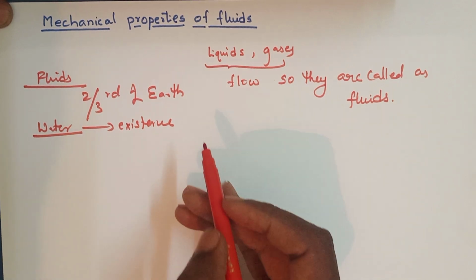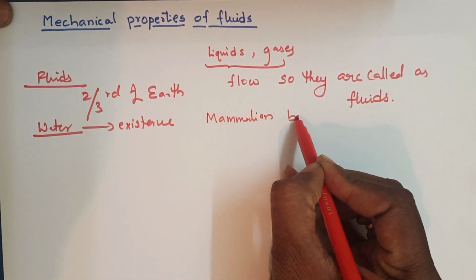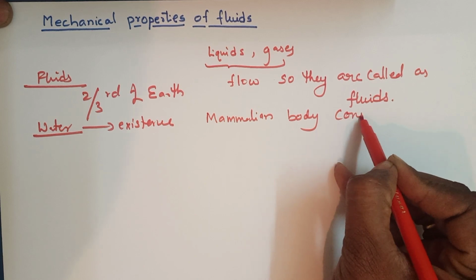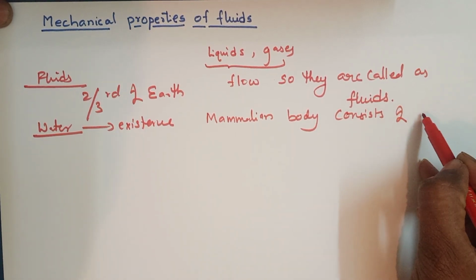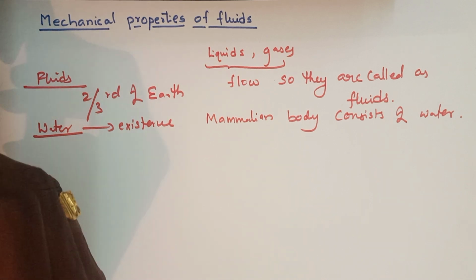Every mammalian body consists of water, and all the processes occurring in living beings, including plants, are mostly mediated by fluids. So understanding the properties of fluids is important here. We shall see the properties of fluids one by one.